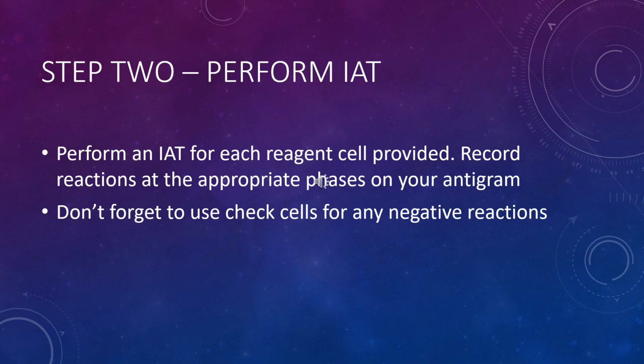Just like with the antibody screen, it's imperative to use your check cells for any negative reactions at AHG to ensure that you had adequate washing. False negative reactions are going to ruin your panel interpretation. So for any of the negative reactions where the check cells didn't agglutinate, you want to repeat those panel cells against your patient plasma.